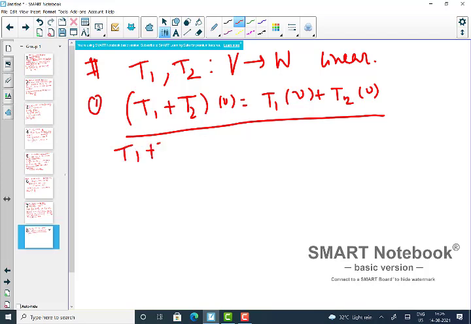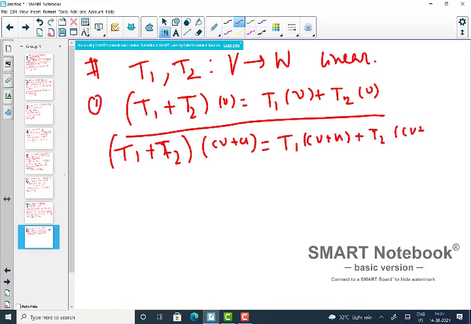So linear means you choose some c, v, and u, and then (T1 plus T2)(cv plus u) is, by definition, T1(cv plus u) plus T2(cv plus u).